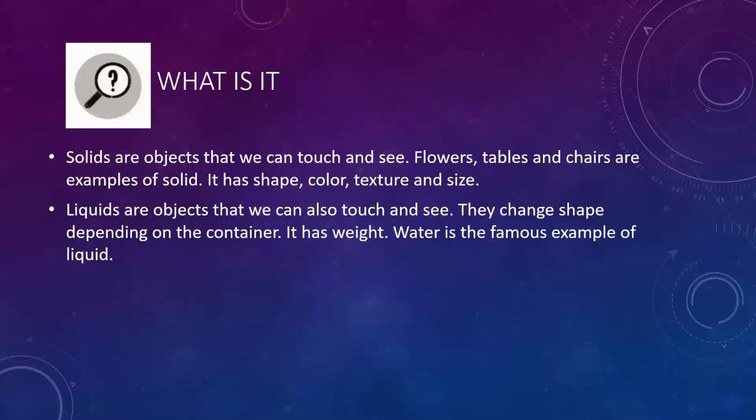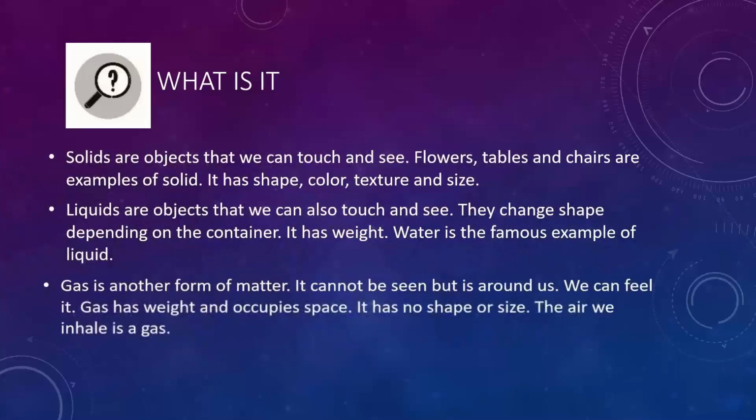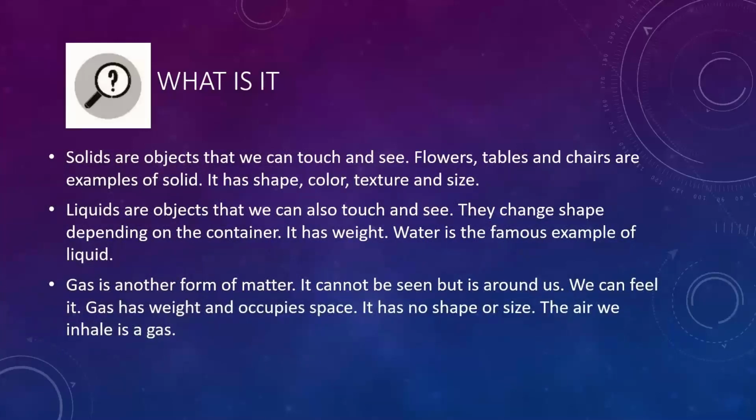It has weight. Water is the famous example of liquid. Gas is another form of matter. It cannot be seen, but is around us. We can feel it. Gas has weight and occupies space. It has no shape or size. The air we inhale is a gas.